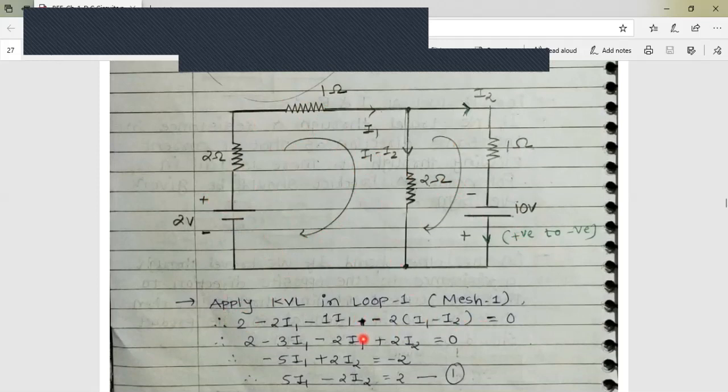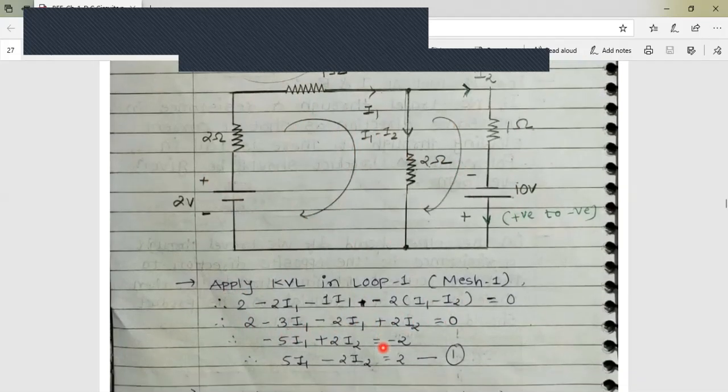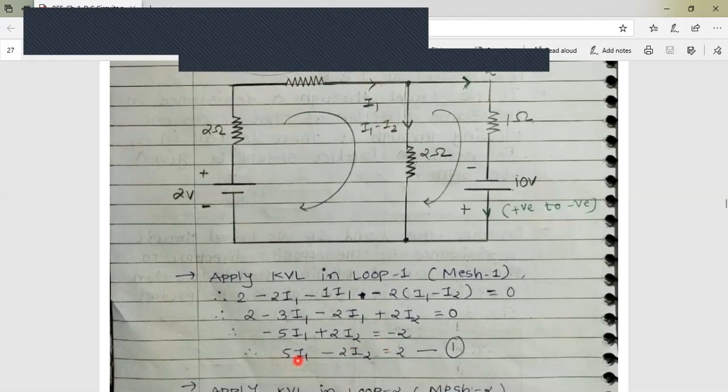By reducing and arranging this equation, we get 5I1 minus 2I2 equals 2. This is equation 1.